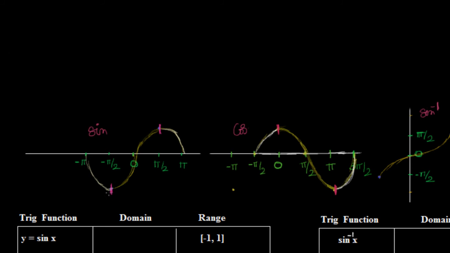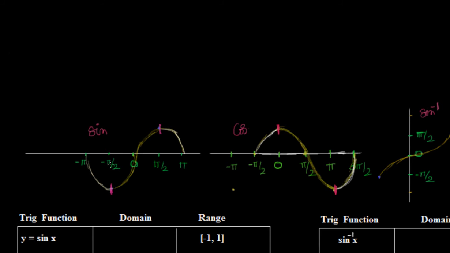So if I restrict the domain of the sine function from R, which is earlier, to minus pi by 2 to pi by 2, then I can have an inverse of the sine function. Similarly, if I am able to restrict the domain of the cos function to 0 to pi, or you can also do it from 2 pi to 3 pi.